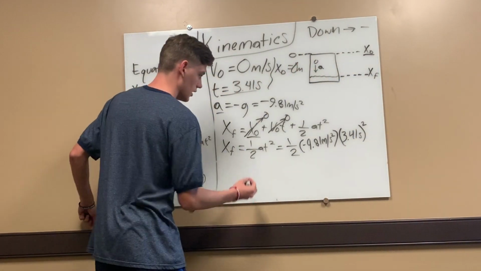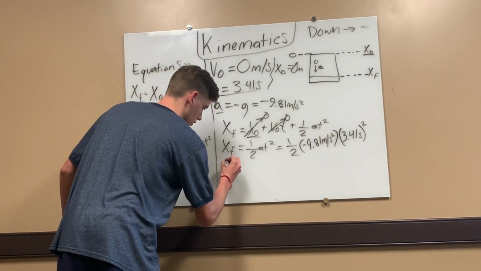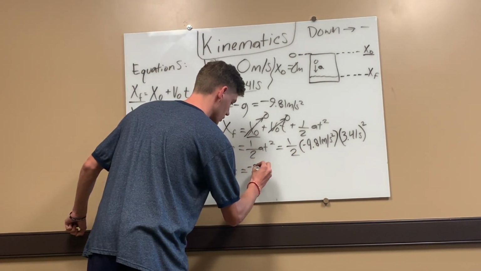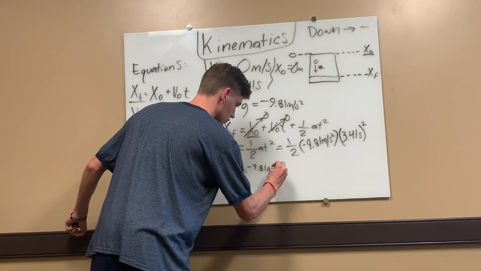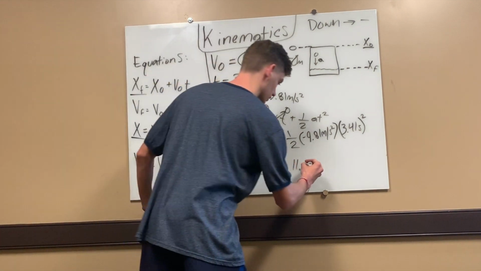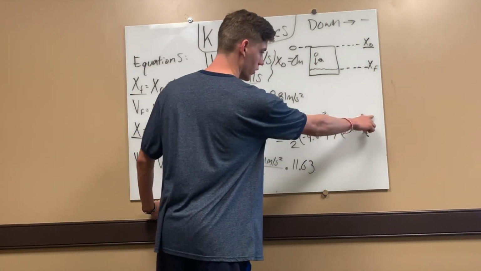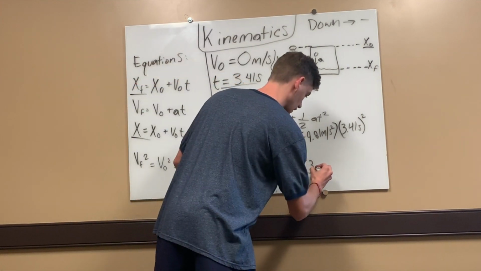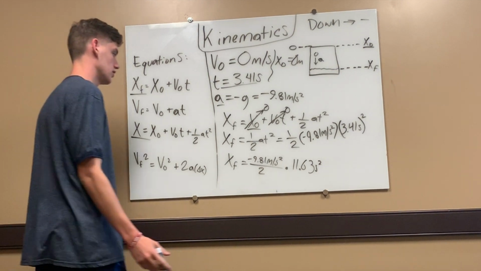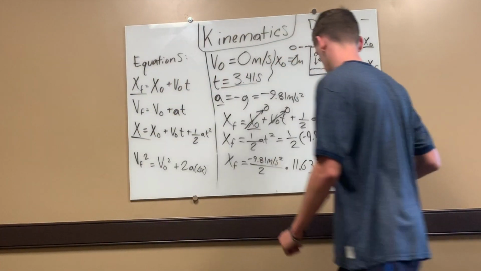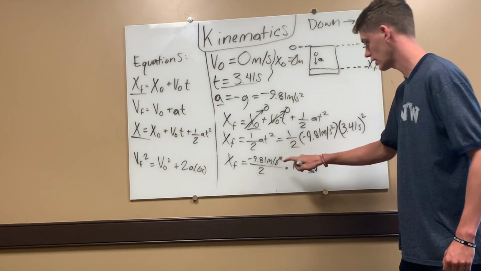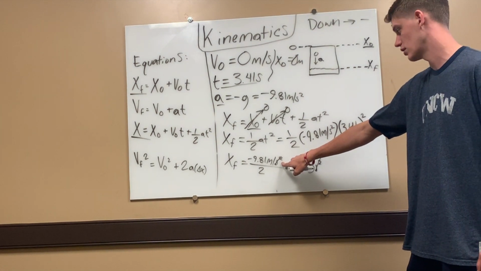When we work this out, x final equals negative 9.81 meters per second squared over 2 times 11.63. When we take 3.41 squared, we get 11.63, and our seconds become squared as well. So what I can do here is cancel these seconds squared, because seconds squared here is in the denominator.